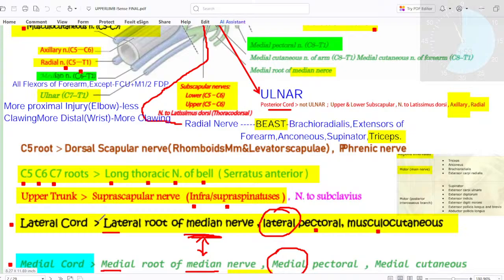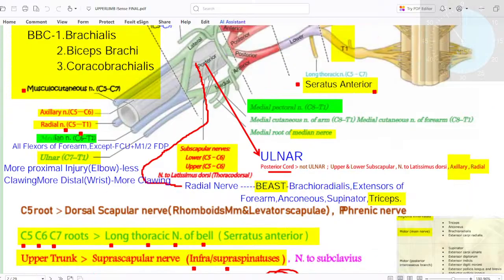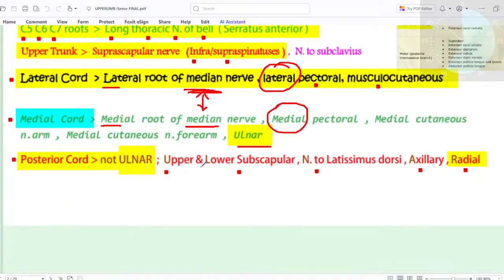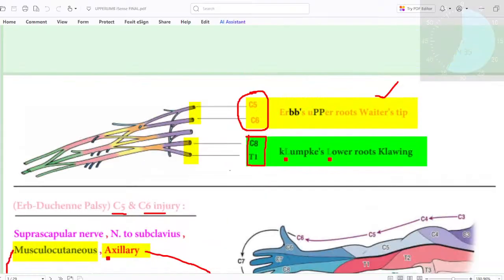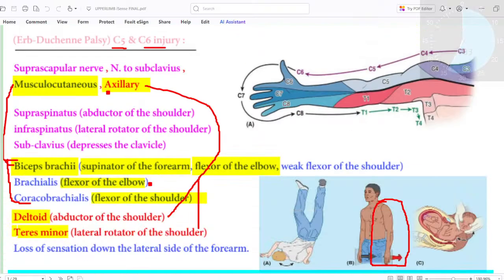What are the nerves that arise from the posterior cord? Posterior cord, "ULNAR" is the mnemonic: upper and lower subscapular nerves, nerve to latissimus dorsi, axillary, and the radial nerve. Then in Erb's palsy, which nerve roots are affected?